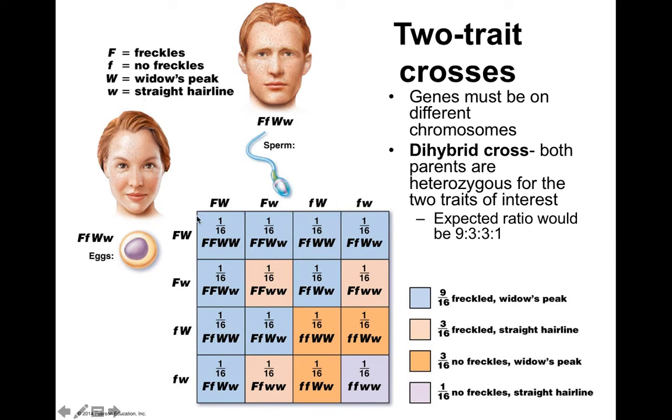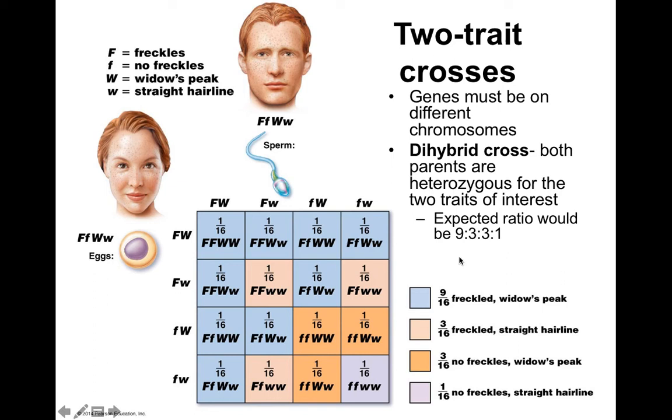And we do the same thing with the monohybrid cross. We put the big F and big W here. Big F, big W, big F, big W, big F, big W. And we pull them all the way down. And then we take these genes and we pull them all the way across. And we always put the genes that are on the same chromosome, for example, F and W, we put them next to each other so we know what the outcome could possibly be.